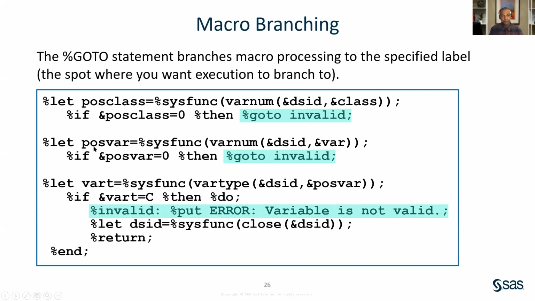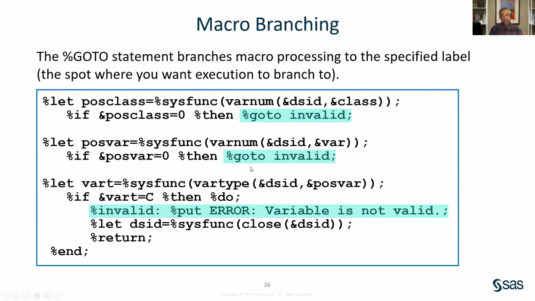Next, position var. I'm using %sysfunc, again using varnum, to look in this data set ID for the position of that variable. Maybe it's an analysis variable versus class. %if the value of that macro variable is 0, that means it does not exist.